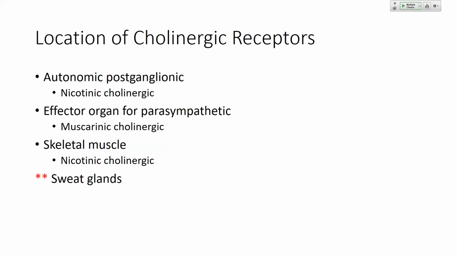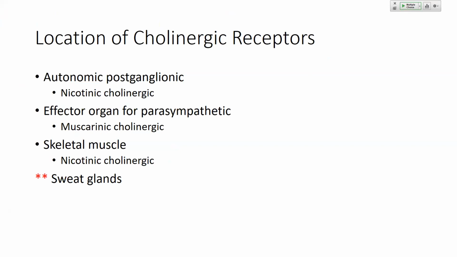Anyone over here? What kind of neurotransmitter do the sympathetic postganglionic neurons secrete? Norepinephrine and epinephrine. So would they bind to any type of cholinergic receptor? They would not, right?